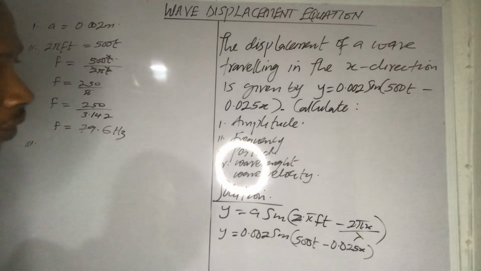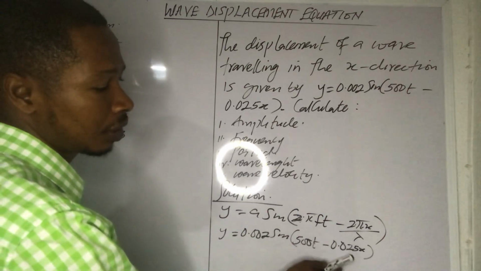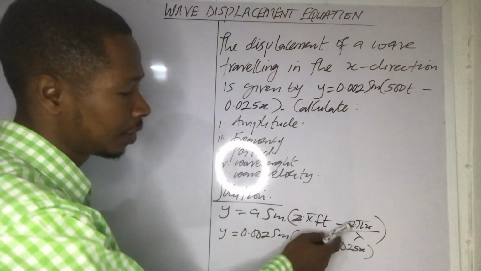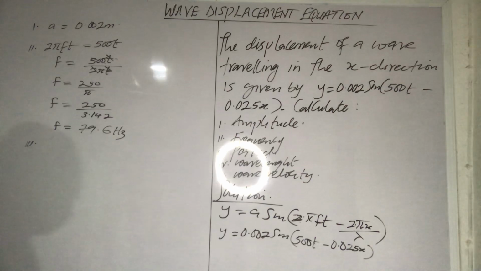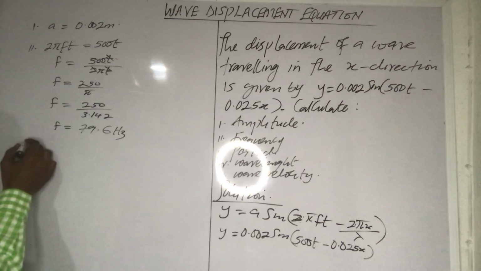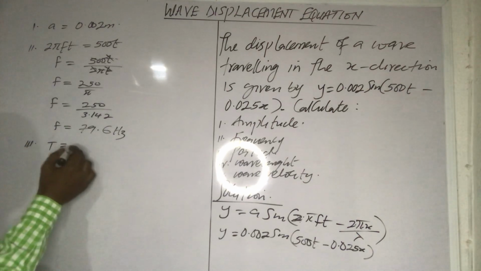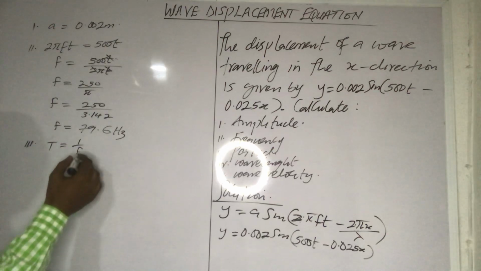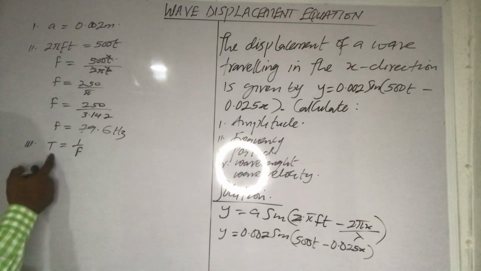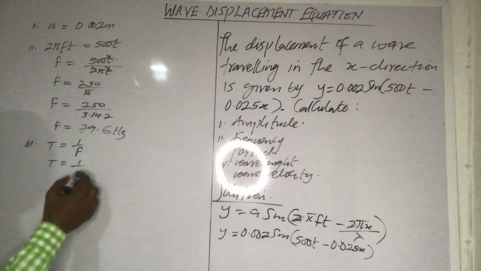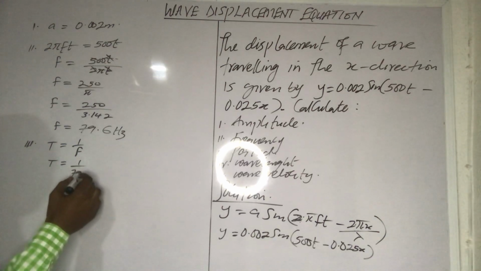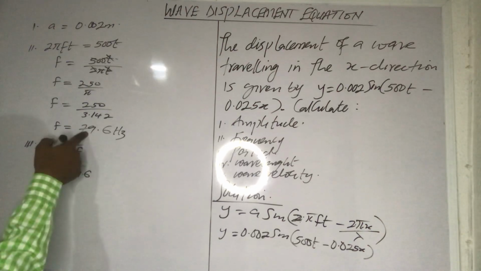Then number 3, period. Period T is equal to 1 over f. You recall that period T is equal to 1 over f. That is T is equal to 1 over 79.6, my f is this.